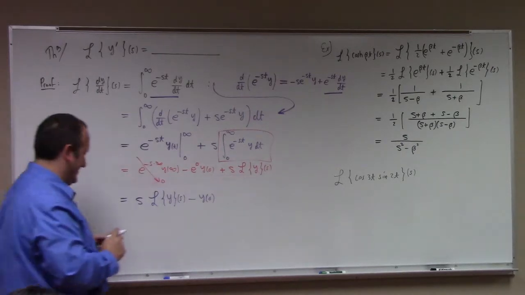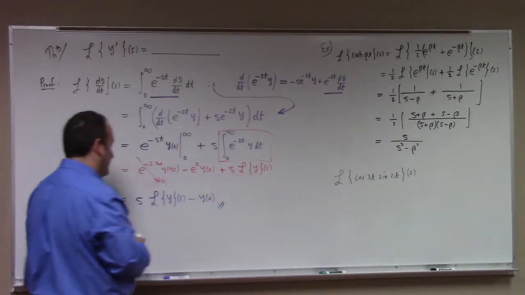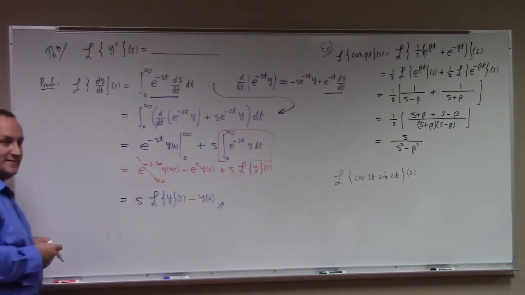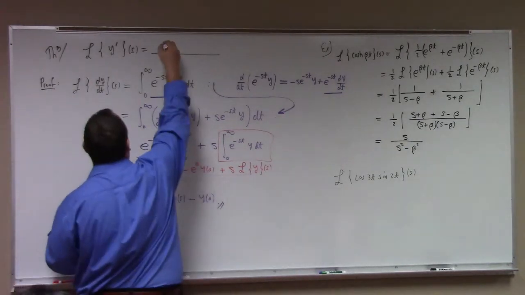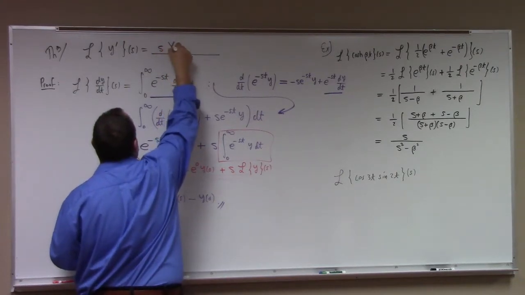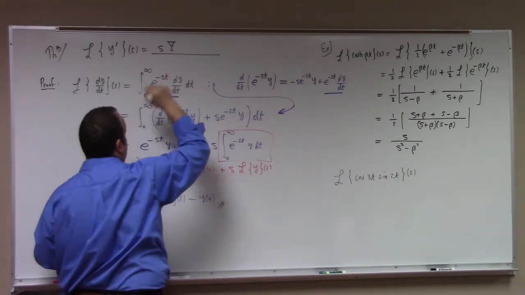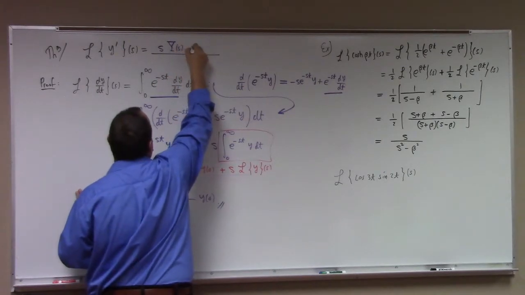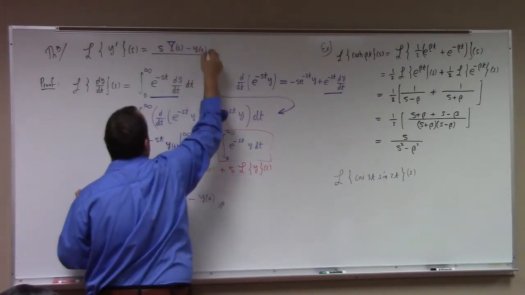And we're done. And now we can fill in the blank. So I would recommend writing it this way. This is s times big Y of s, minus little y of 0.